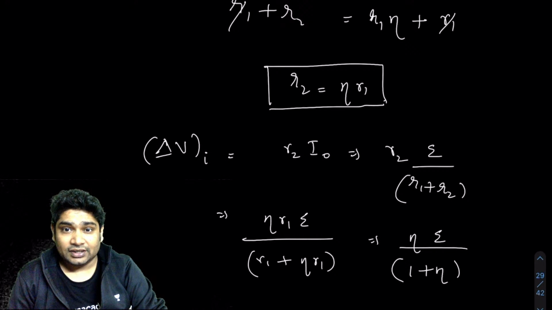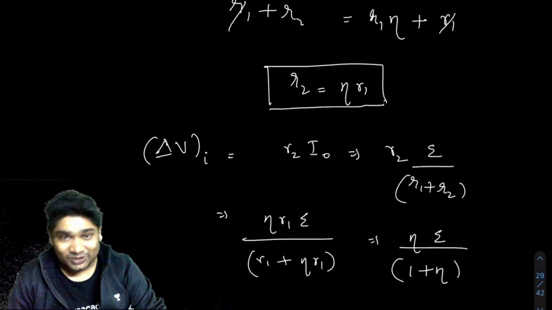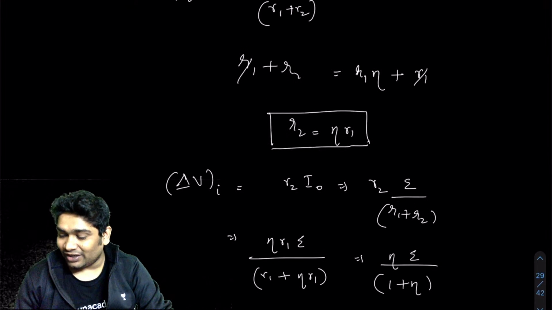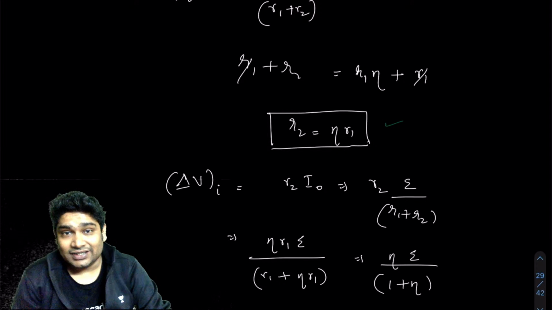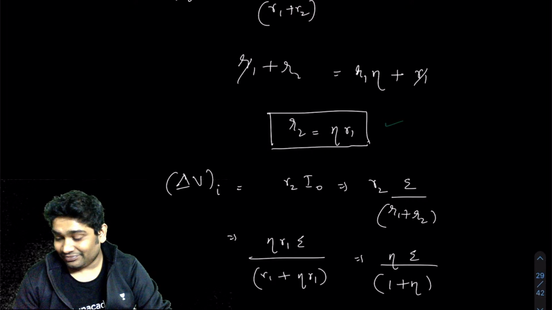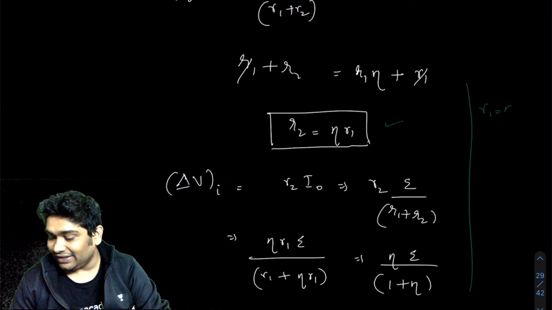Delta V initial is this. If we take the voltmeter to be eta and the ammeter as 1 by eta, then you will get option 1. Then you would have gotten the reverse of this, right? If you get the reverse of this, then R1 becomes eta times R2, right? If you reverse those things, then I'm sure you will get a reverse relation between the resistances. In that case, R1 would have been equal to eta R2.